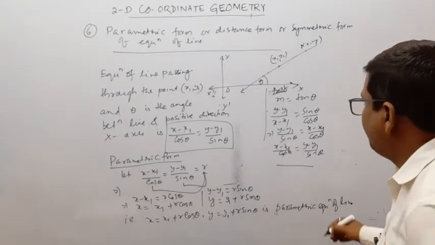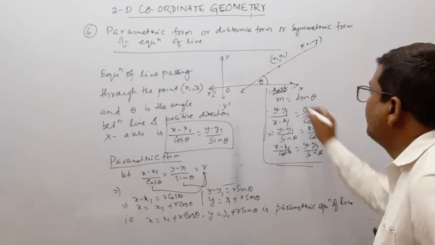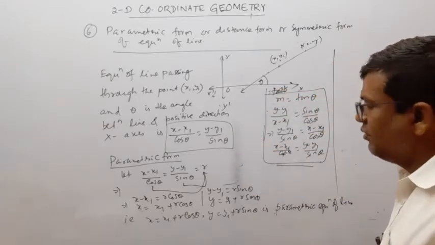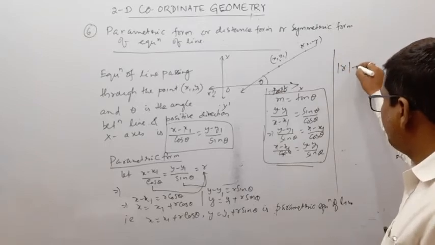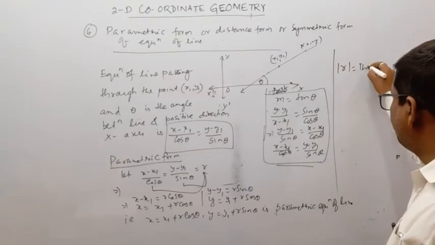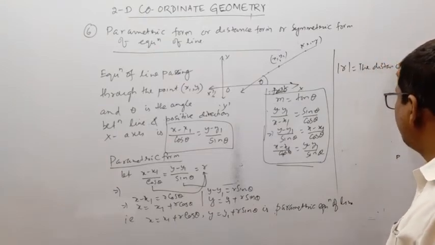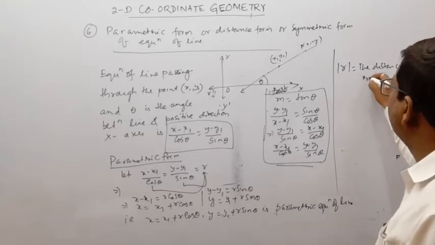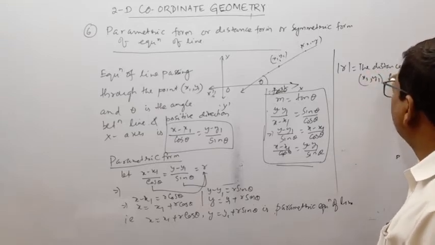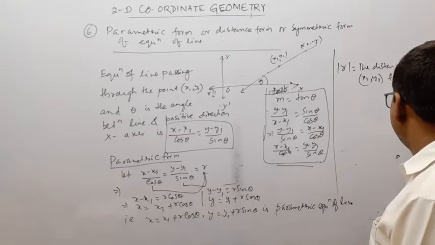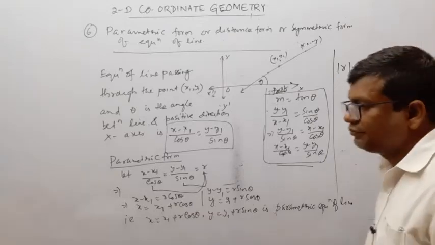Now what is r? Now mod r is equal to the distance of the point x1 y1 from the point x comma y.